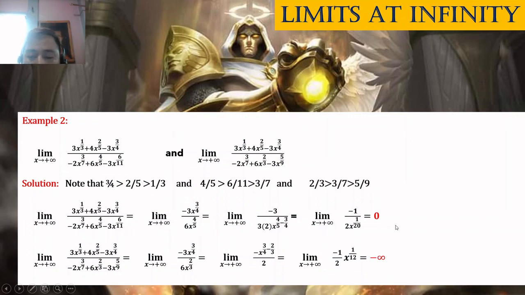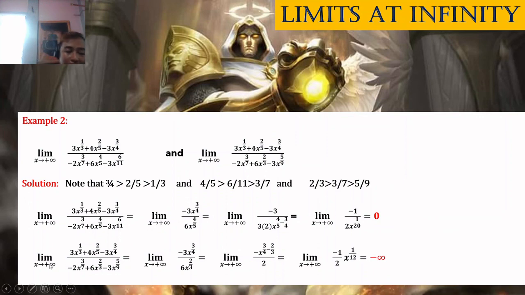The answer is, since Q is even in the denominator, if the denominator is even, the answer is does not exist. So the limit does not exist as x approaches negative infinity.